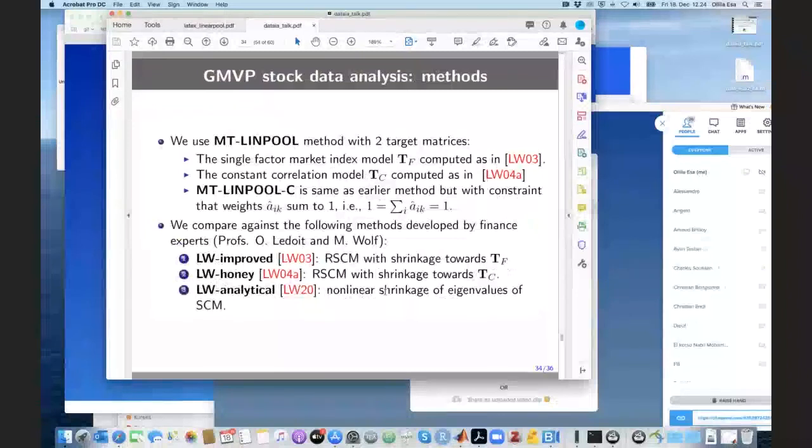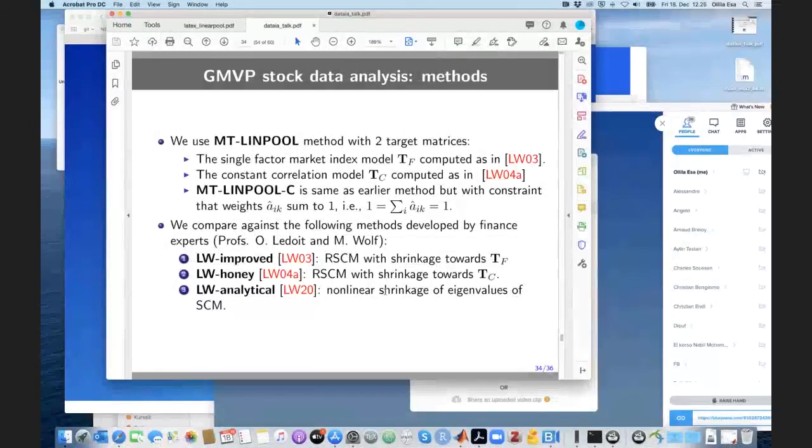We compare the multi-target linear pooling estimator, where we use two target matrices that are commonly used in finance. The first target matrix is the single-factor market index model, proposed by Ledoit in a 2003 paper. The second target matrix is the constant correlation model, proposed in the sequel paper by Ledoit in 2004.